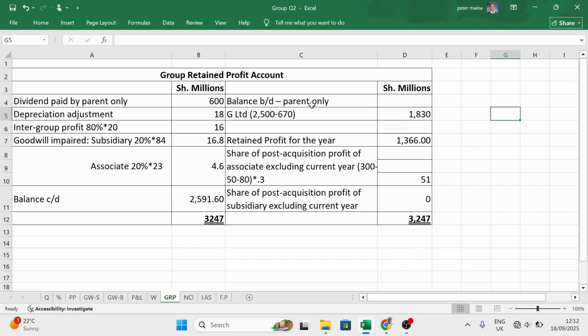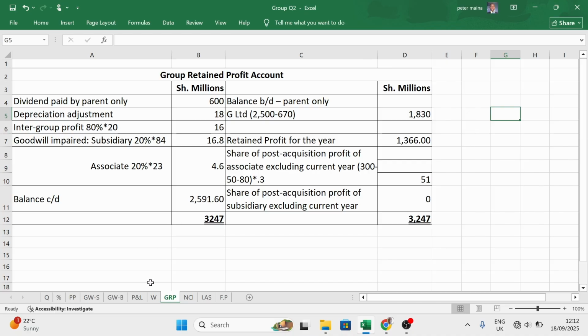So once you have recorded that, because we say here it is parent only, do not bring balance brought down of the subsidiary or the associate. It's supposed to be parent only. From there, bring the retained profit for the current year, which is the answer you got in the profit and loss statement.